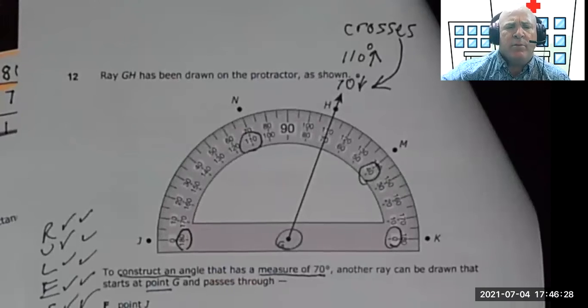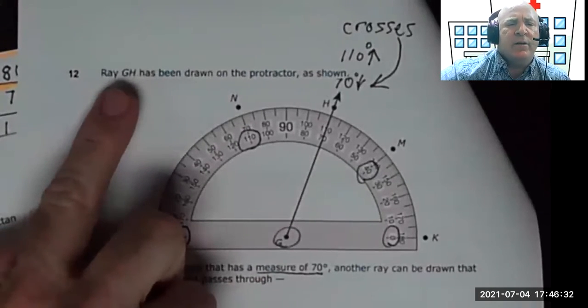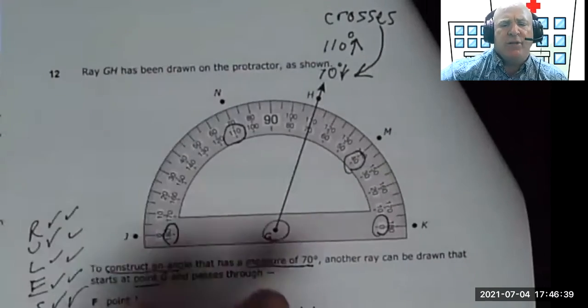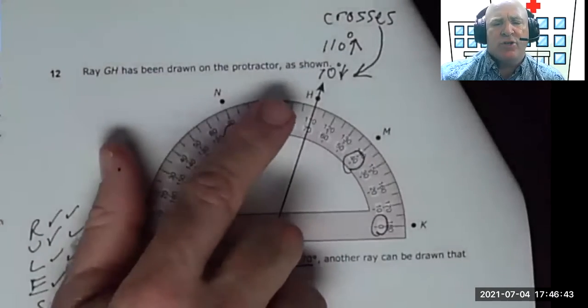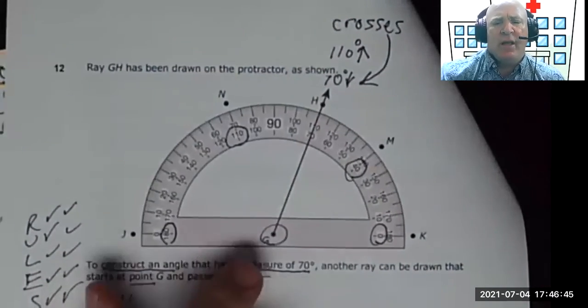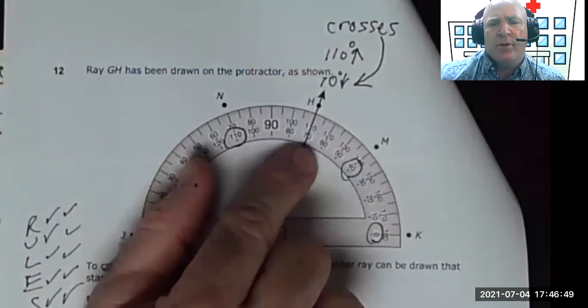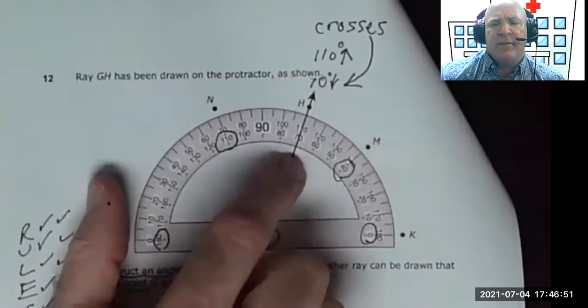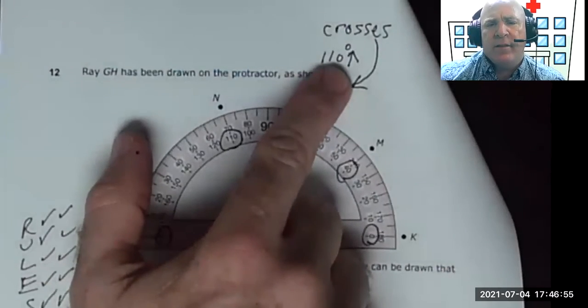The problem was: Ray GH has been drawn on the protractor as shown, and GH happens to cross through 70 on the bottom and 110 on the top.